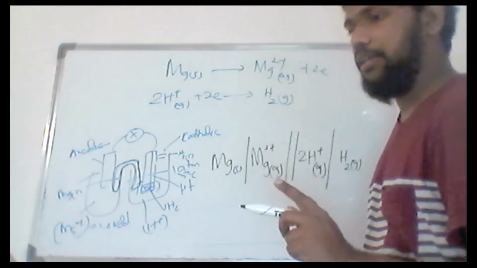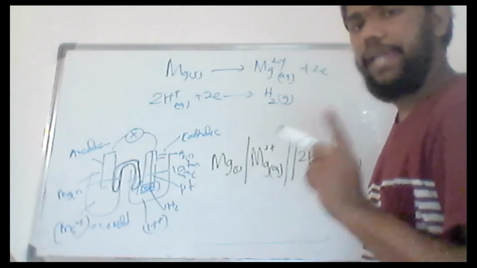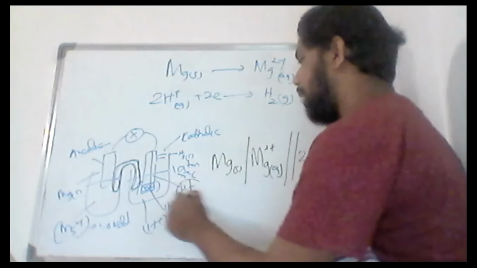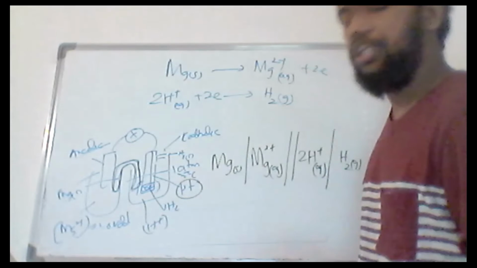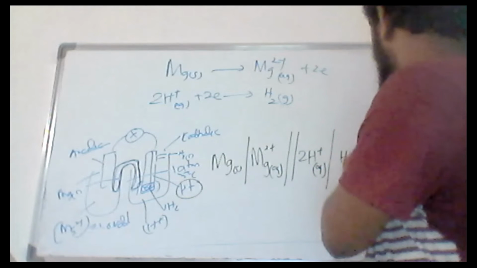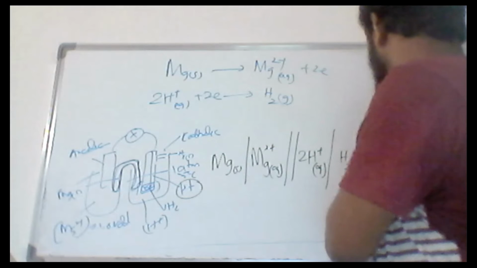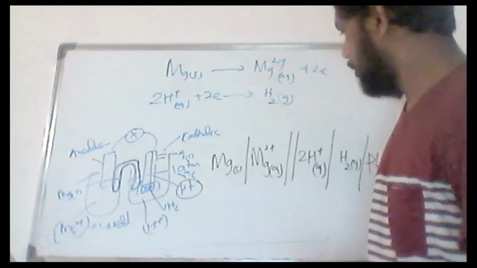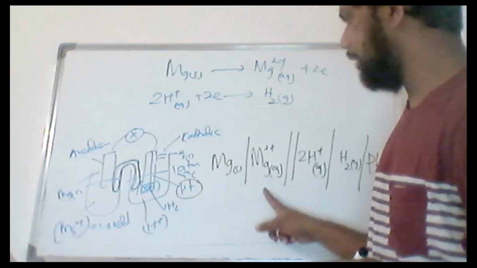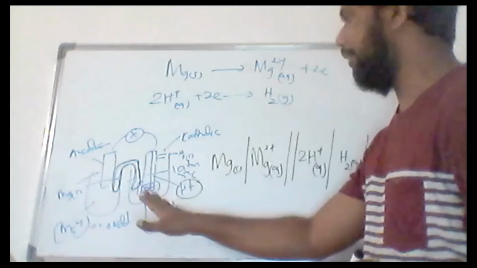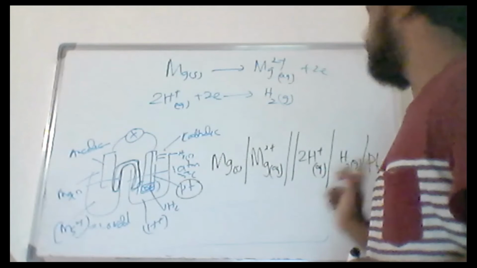And remember, when you write down gas electrodes, there is this platinum additionally that you need to add in the cell notation. So it will be platinum solid at the end. Okay, remember that. There is magnesium, magnesium 2 plus, anodic reaction. Then the salt bridge is this. Then the reduction, H plus, H2 gas, platinum solid.